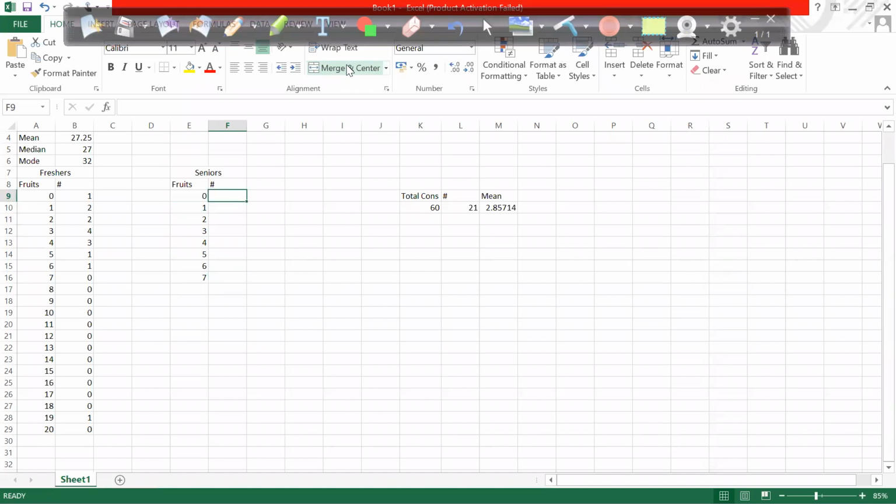Here I have one senior with 0 fruit, one senior with 1 fruit, 2 seniors with 2 fruits. Then we have 5 seniors with 3 fruits, 3 seniors with 4 fruits, 2 seniors with 5 fruits, 1 senior with 6, and 1 senior with 7 fruits.